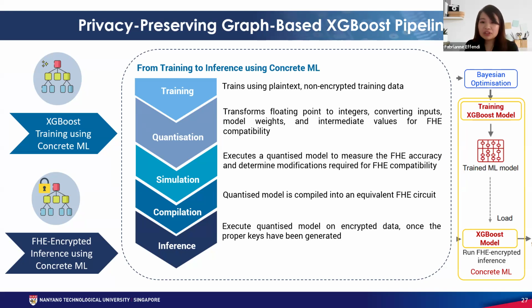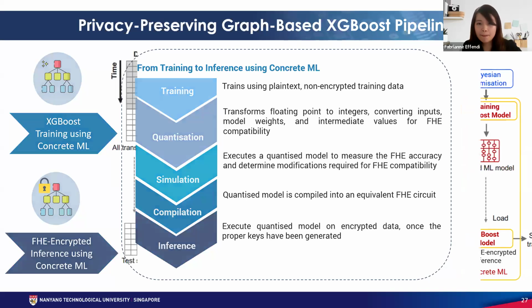Following which, a quantized model executes to assess FHE accuracy and determine the necessary modifications. This quantized model is then compiled into an equivalent FHE circuit, and finally, the quantized model executes on encrypted data once proper keys are generated.